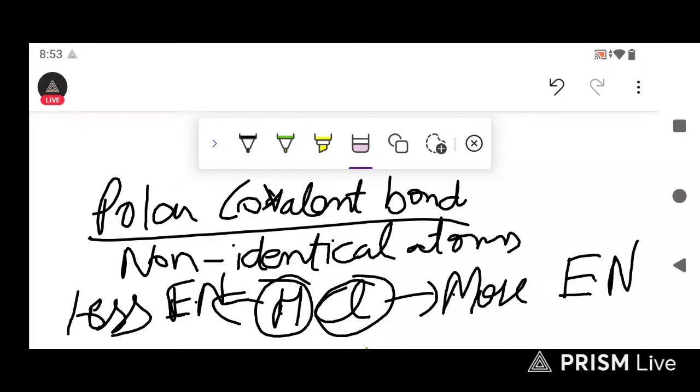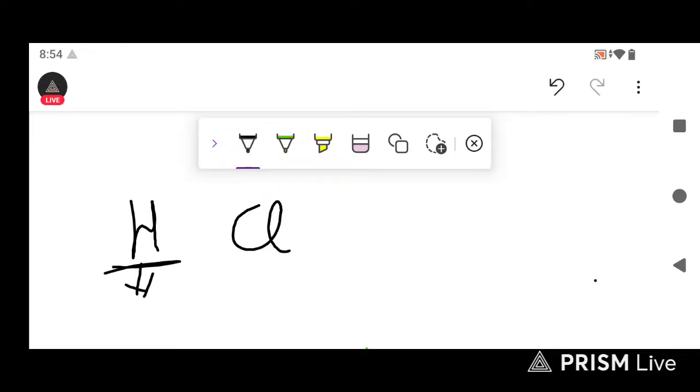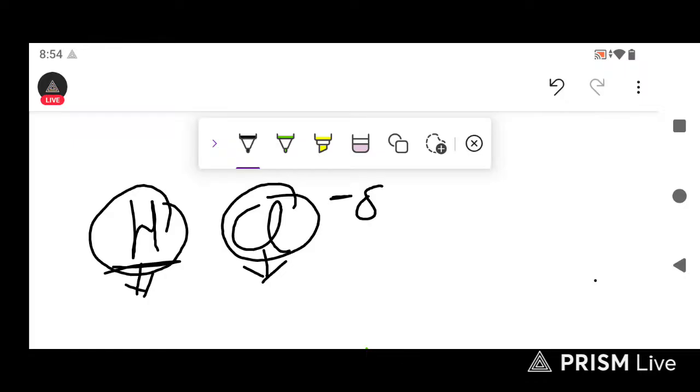I will show you how they form. Let's take the example of HCl. Hydrogen is less electronegative, so it carries the partial positive charge. So these partial charges are created between them.